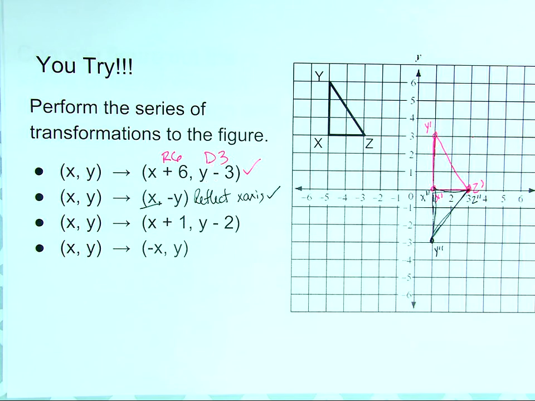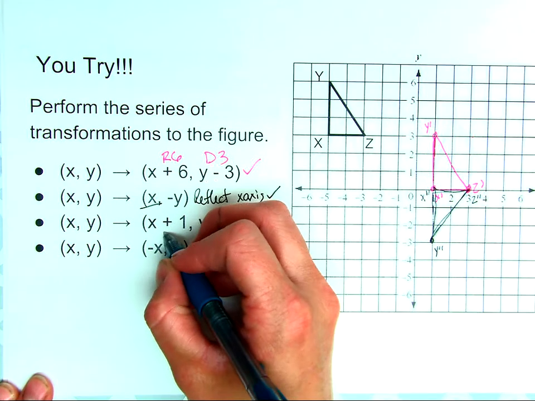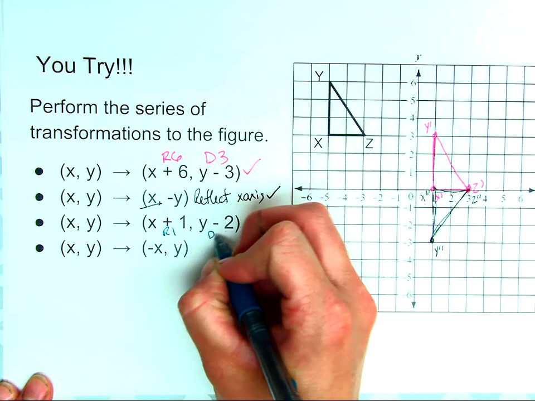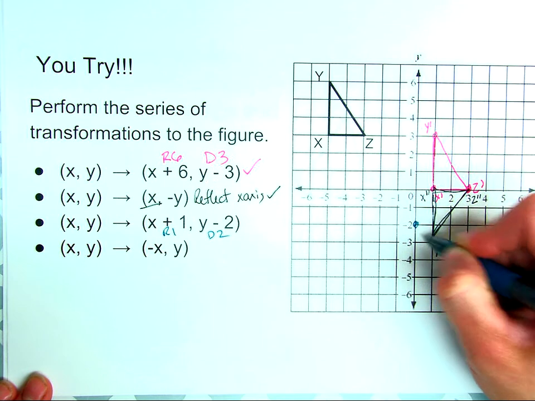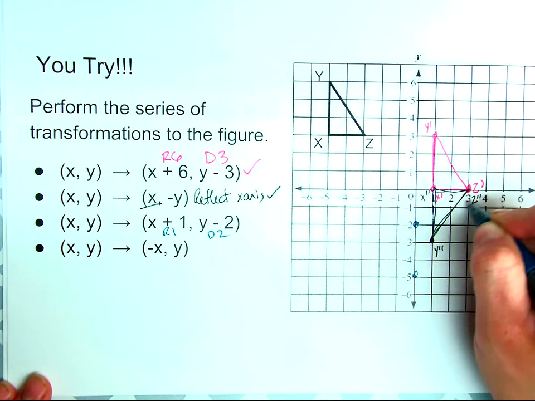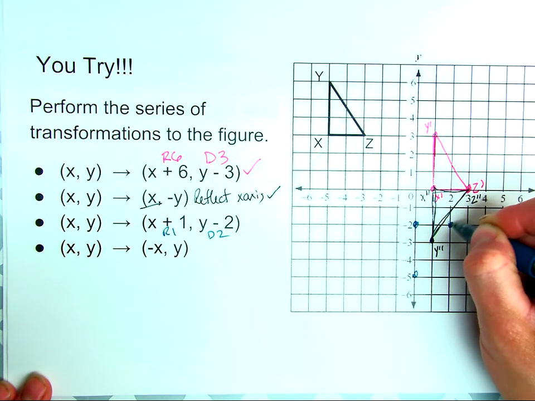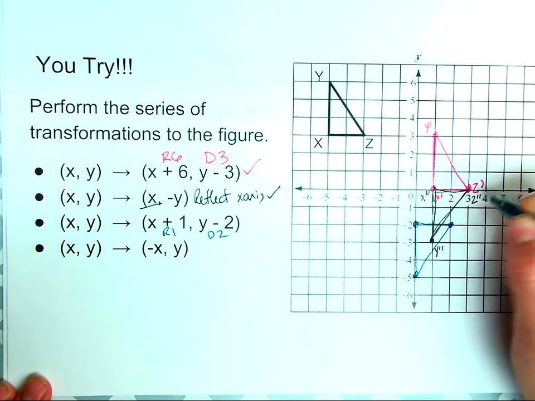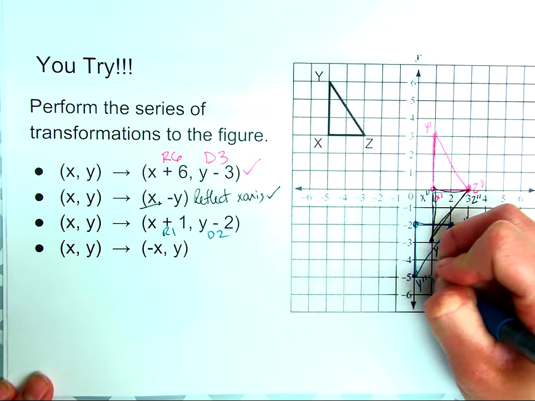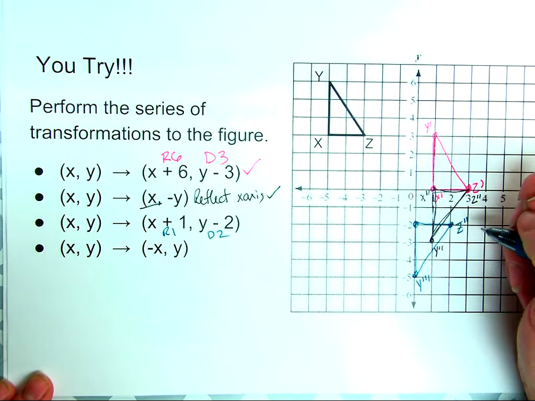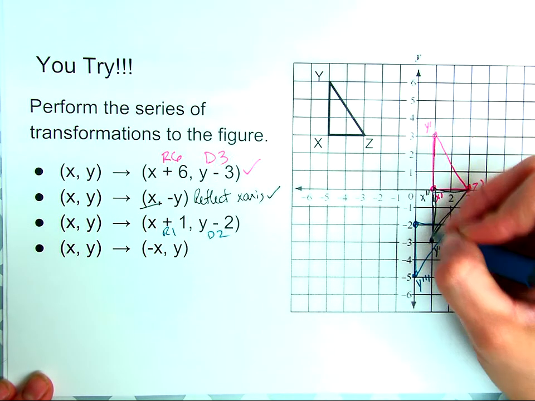Then we go to the right 1, down 2, to the right 1, down 2, to the right 1, down 2, to the right 1, down 2. So Z triple prime, Y triple prime, X triple prime.